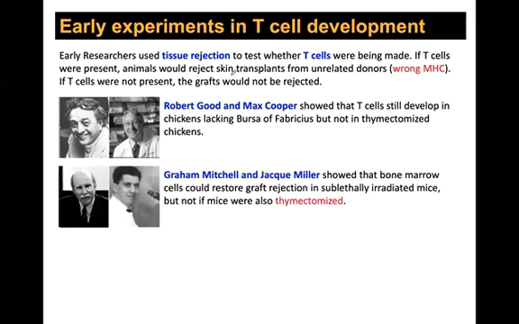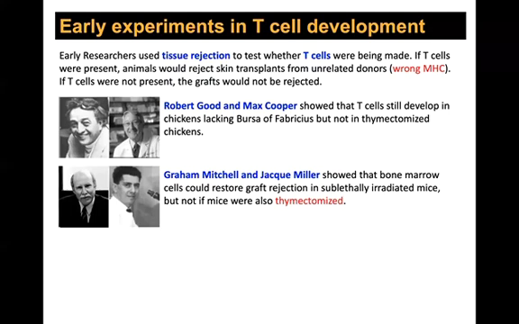Well, Graham Mitchell and Jacques Miller saw this, and they did essentially the same thing, but in mammals. And so they showed again that you could irradiate mice and destroy the bone marrow. That meant you got no T cells. But if you put bone marrow back, you got T cells.